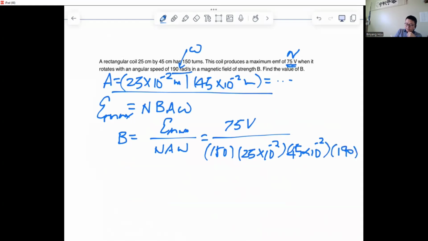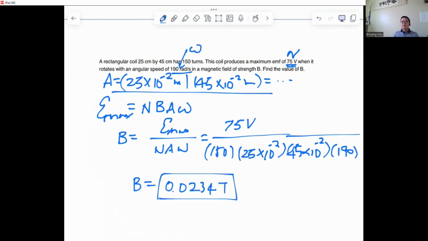That's in SI units already, so that's great. All right, so then you get your B field as 0.0234 Tesla, in SI units of Tesla.